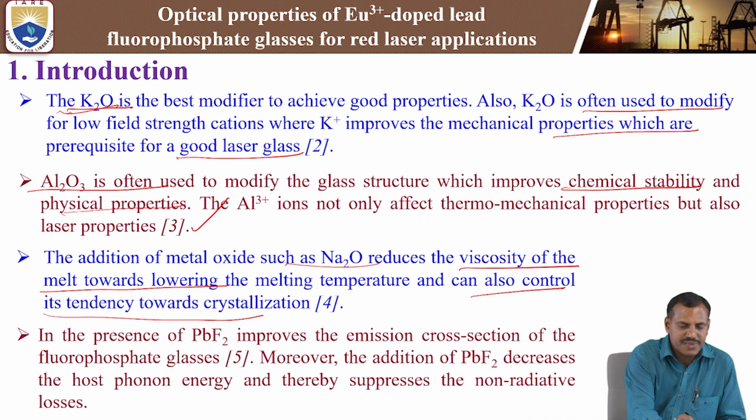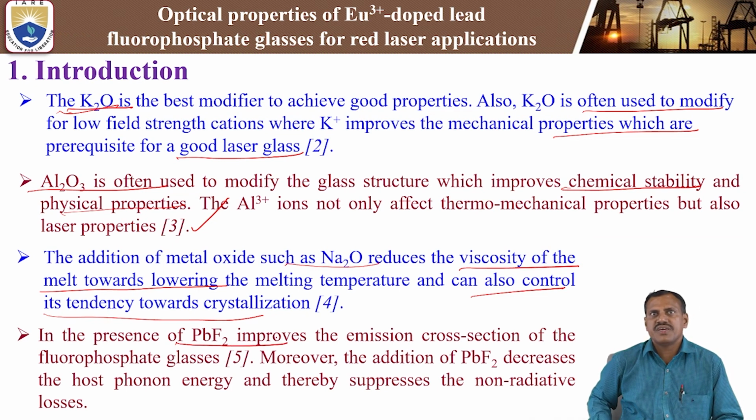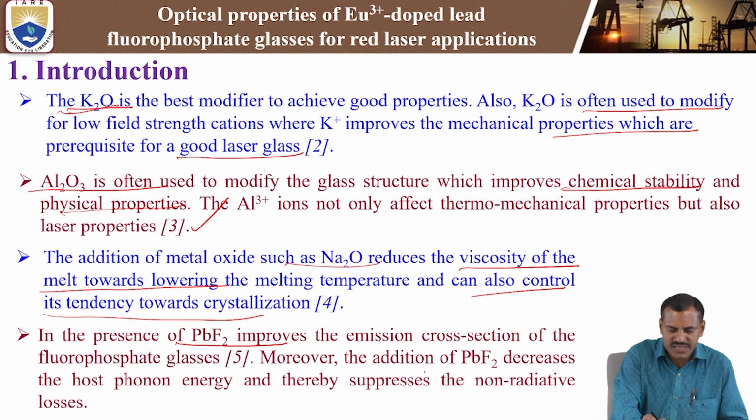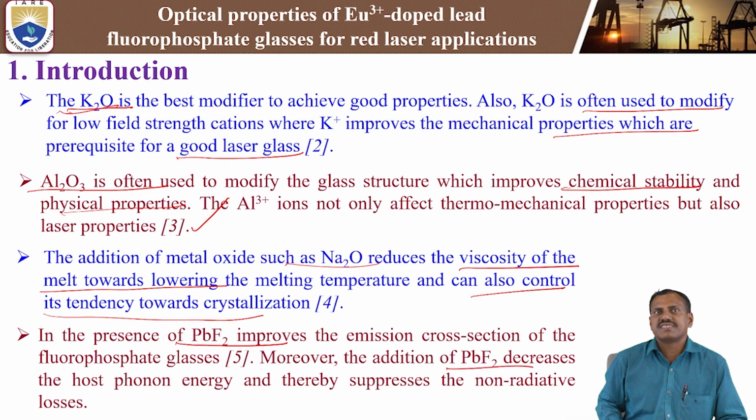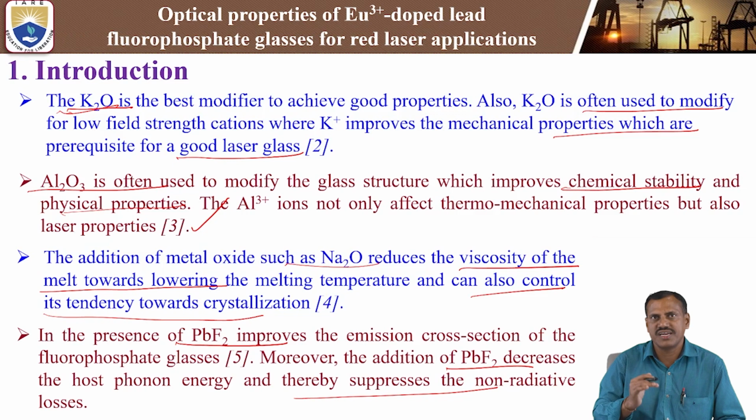Next is the presence of lead fluoride, PbF2. It improves the emission cross section of fluorophosphate glasses when used as a modifier in the host material. Moreover, the addition of lead fluoride decreases the host phonon energy, that is, low phonon energy, and thereby suppresses the non-radiative decay loss.